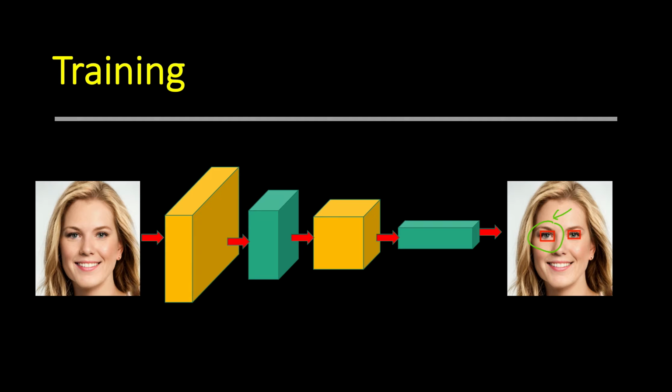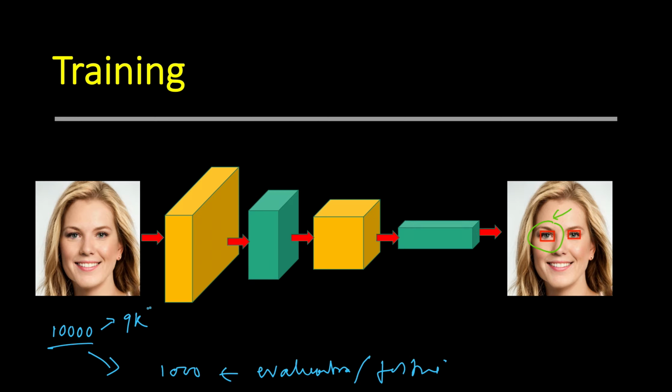Once you have labeled all the data, let's say you collected 10,000 images, and out of that you set aside 1,000 for evaluation or testing of your model, and the remaining 9,000 you feed to the model. And this is a convolutional neural network.